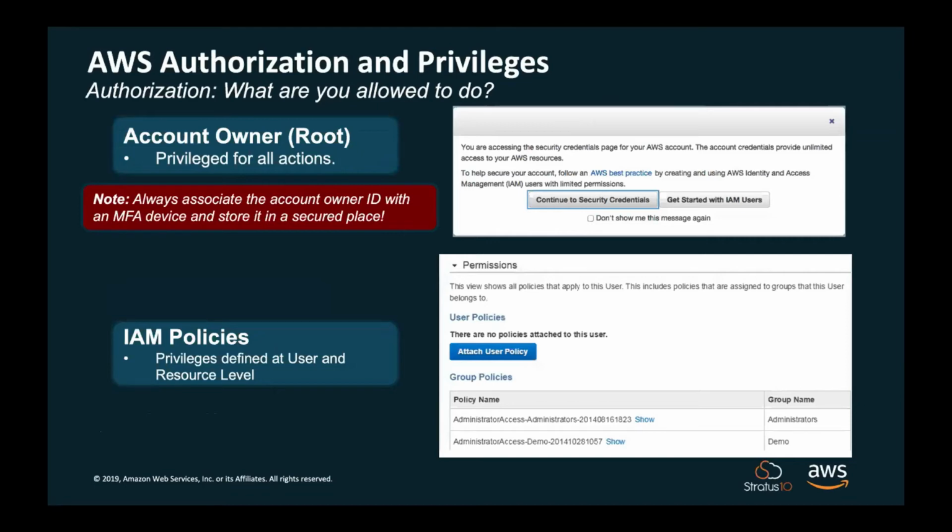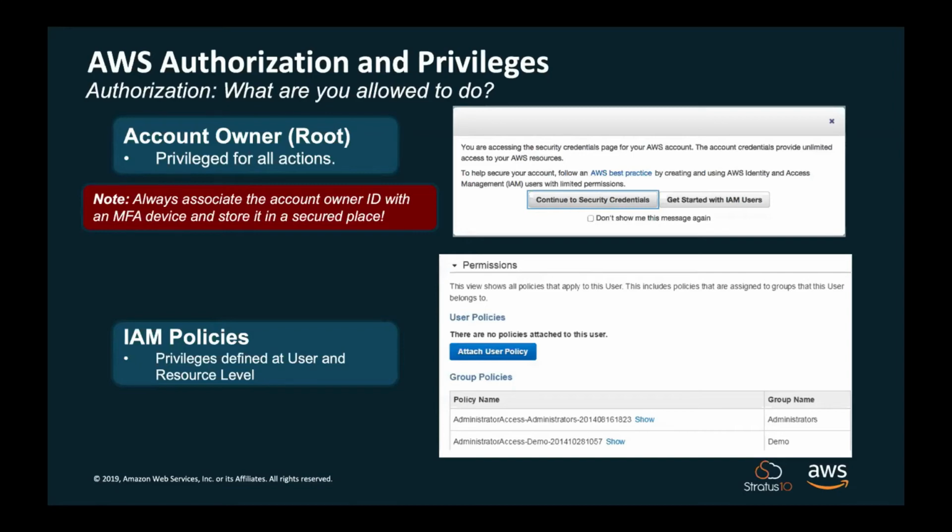AWS recommends that with the root account you definitely create an MFA device, adding a second level of authentication, so that instead of just logging in with the password, you also have to provide a token to get in. That is the account that could potentially shut down your account or have the largest blast radius, because it has access to do everything. And just like you would do for an operating system, don't use the root account.